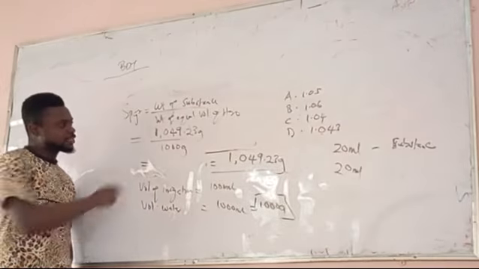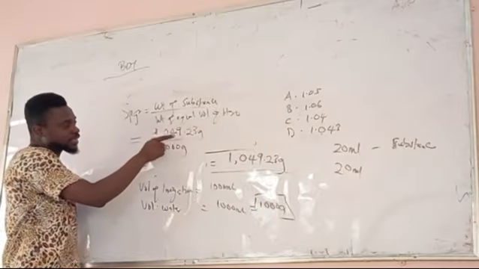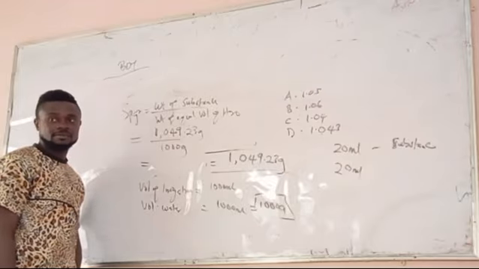So divide 1,049.23 by 1,000. You cannot give me 1,000 again.